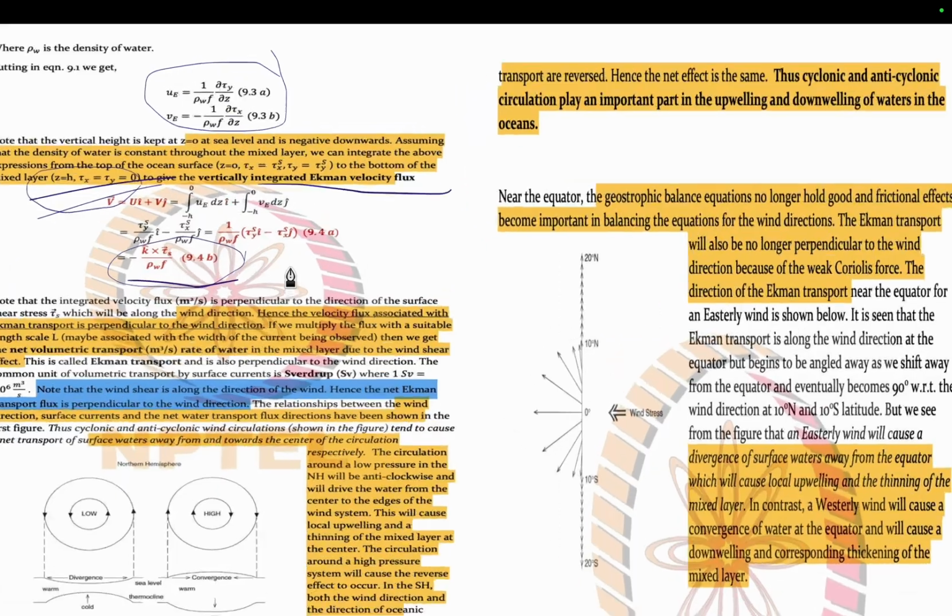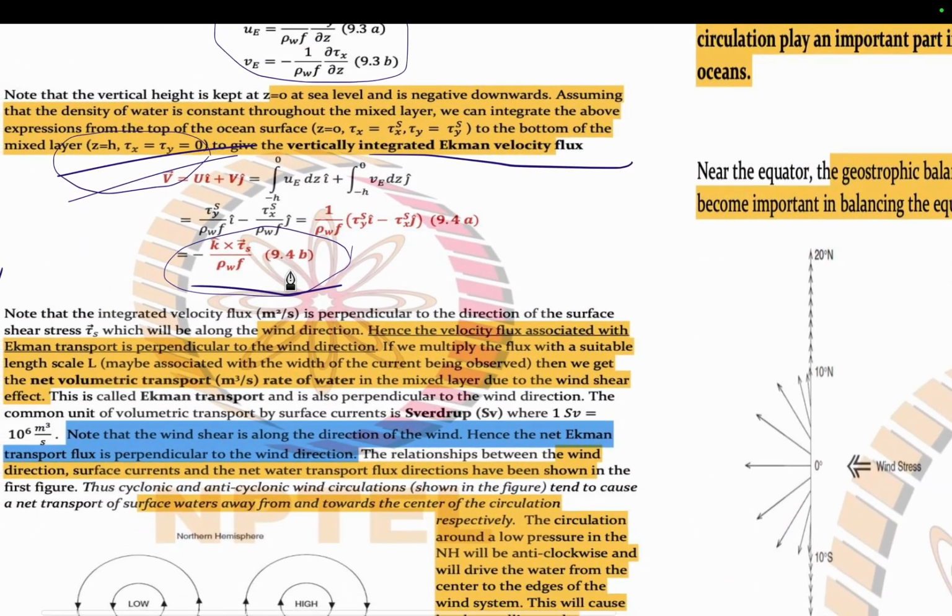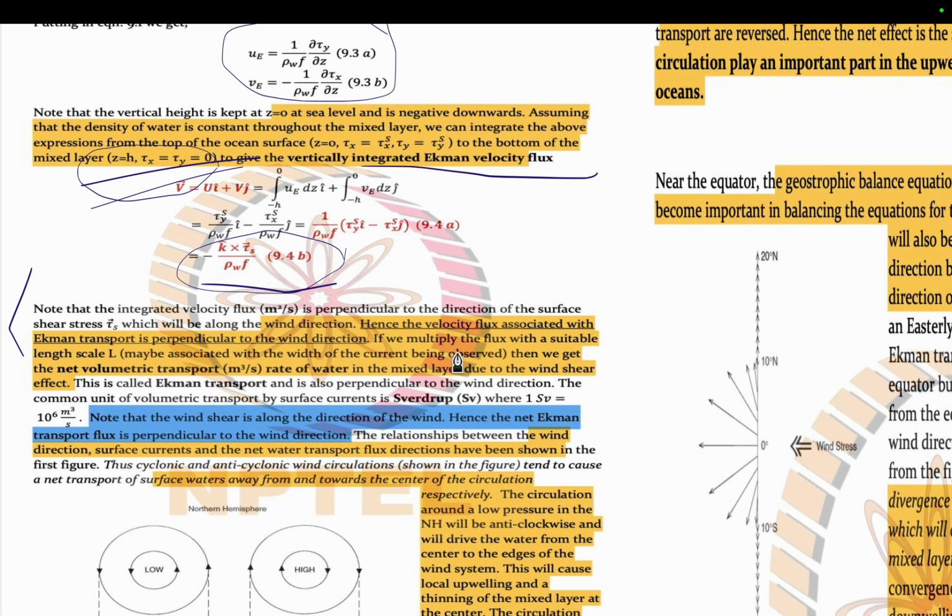The integrated velocity flux, you can see, is perpendicular to the direction of the surface shear stress tau s, which will be along the wind direction, and also the k cap or the z direction.